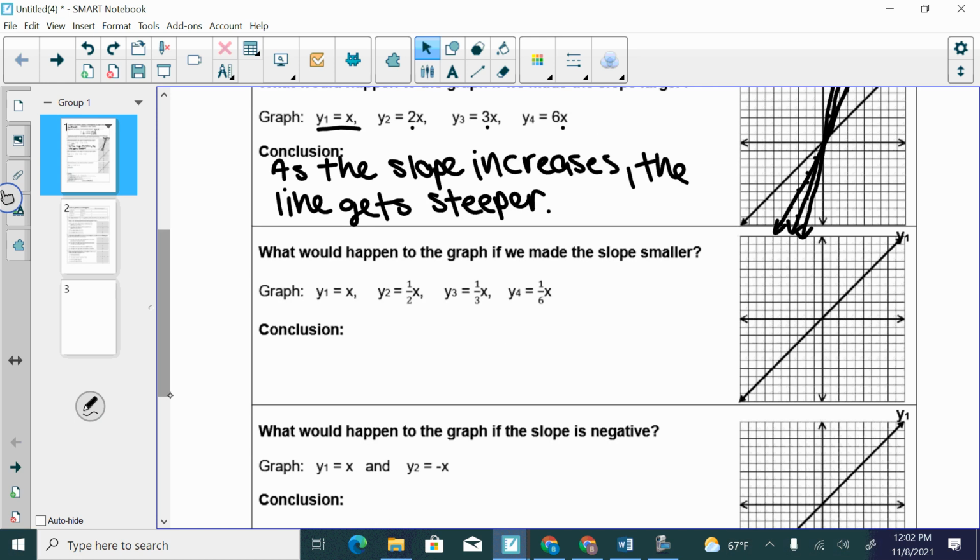Okay. Next section says what's going to happen to our graph if we keep making the slope smaller. So again, they already graphed the parent function for us where our slope is 1. On this next one, it says our slope is 1/2. So that means we're going to go up and over how much?